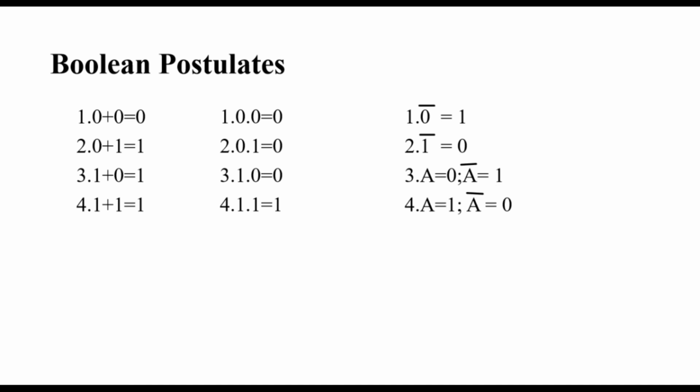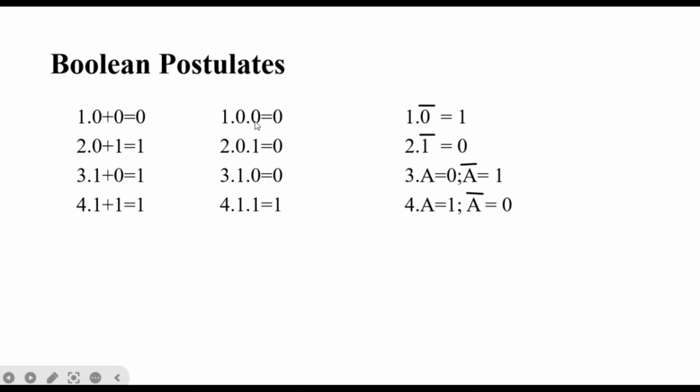Boolean postulates. What are the Boolean postulates? We are going to use the AND law, OR law, and negation law. If I OR a 0 with a 0, the output is 0. 0 OR 1 is equal to 1, 1 OR 0 is equal to 1, 1 OR 1 is equal to 1.